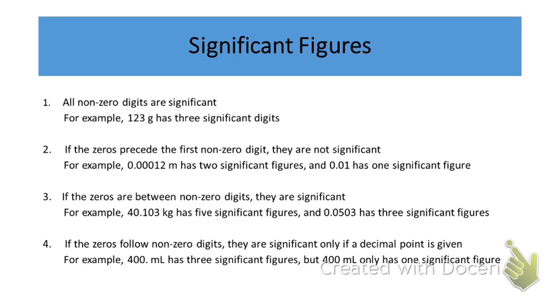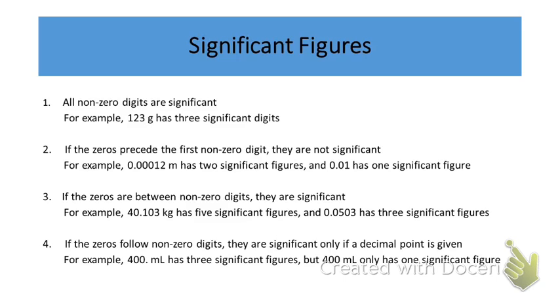Instead, they're just placeholders to give us some meaning to our measurement. So we need to determine if a 0 is really a significant figure or a significant digit, or if it's just a placeholder. So here are 4 rules that we're going to start with.